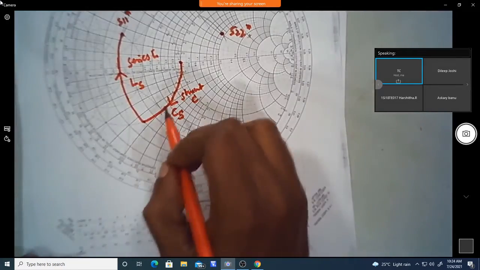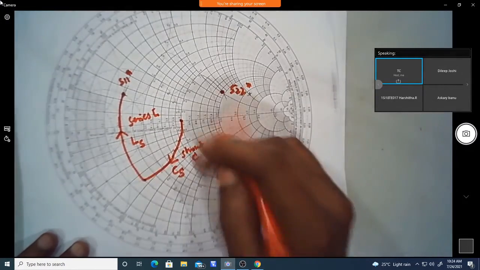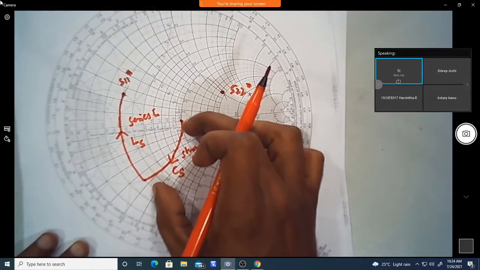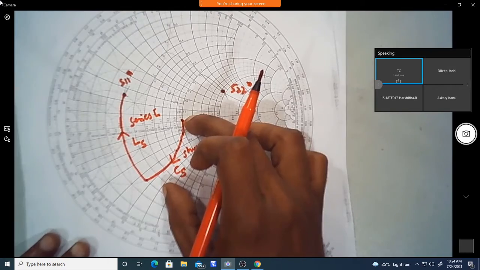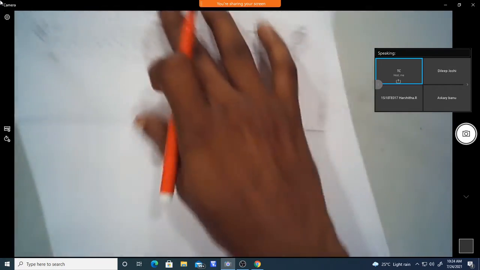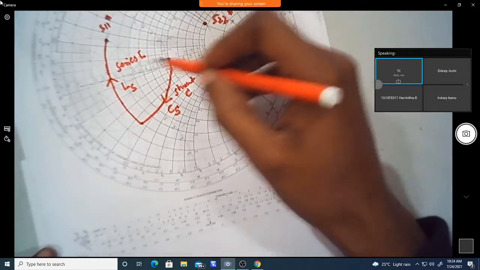Now we need to find out the values of this CS and LS. How to find out? Find how much susceptance is offered by this shunt capacitor, then equate it to the equations we have used earlier.